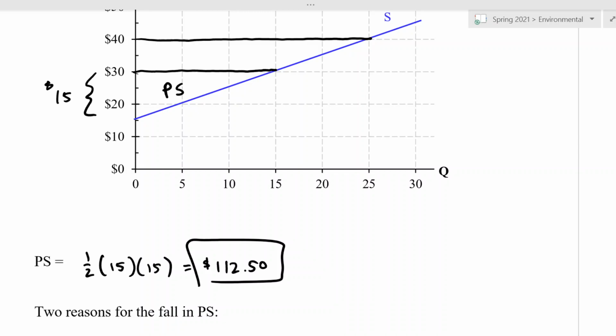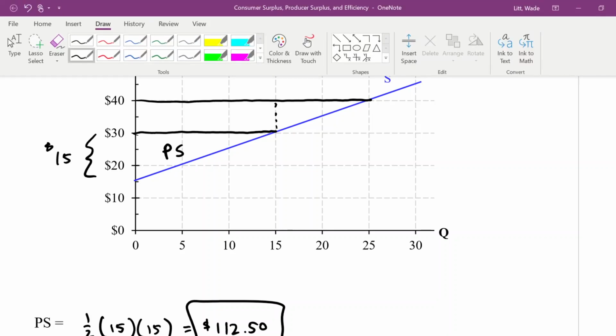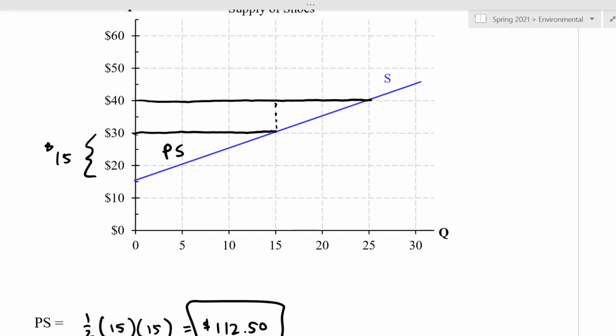And just as before, we can identify two reasons why there's a drop in producer surplus. The first reason is that there are people who were previously in the market. They were receiving a lot of surplus. So this person was making, let's call it, 25 up to 40. This person was making 15 in producer surplus.